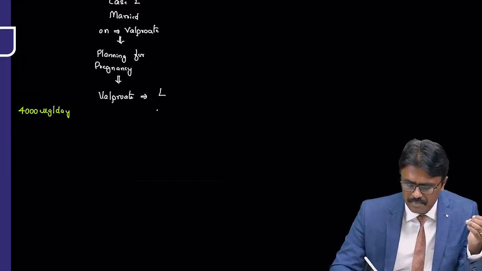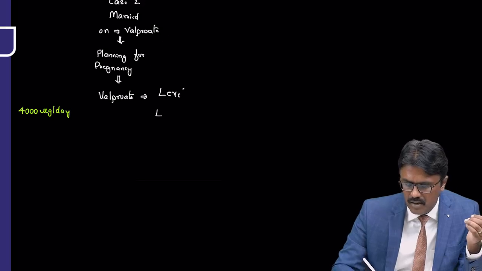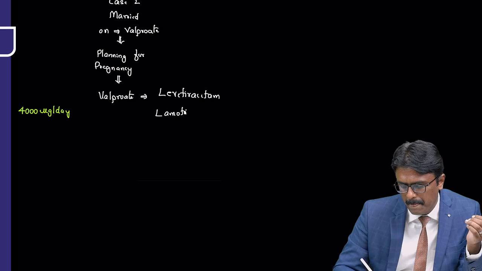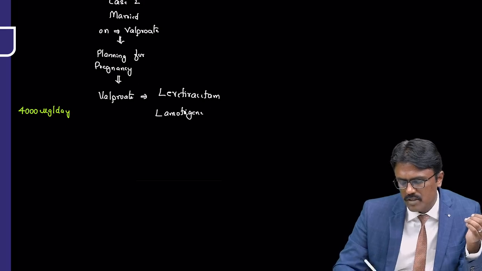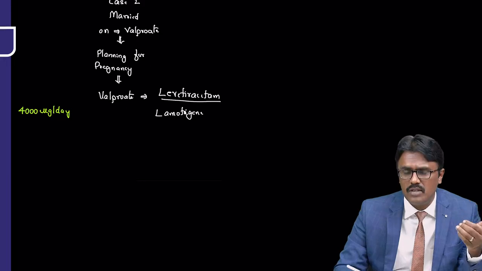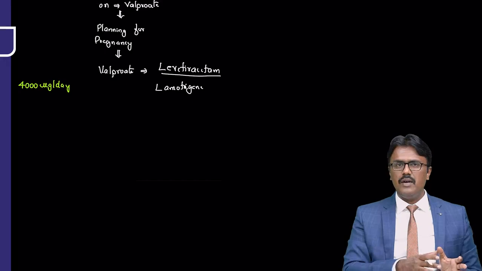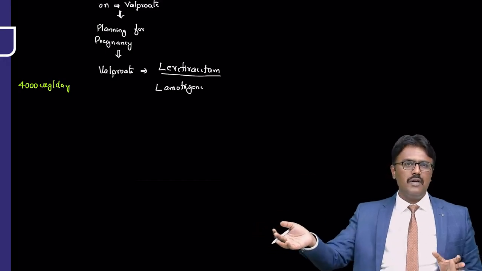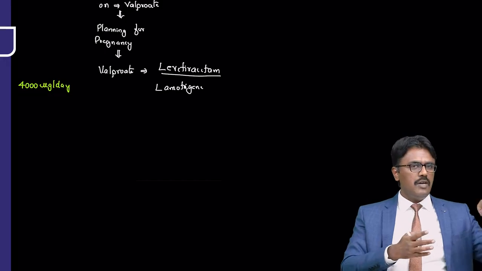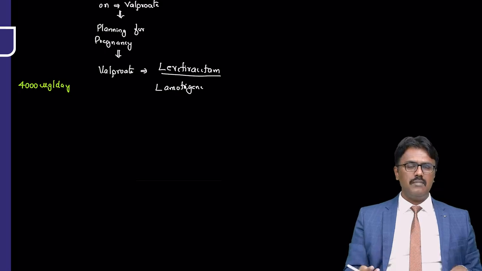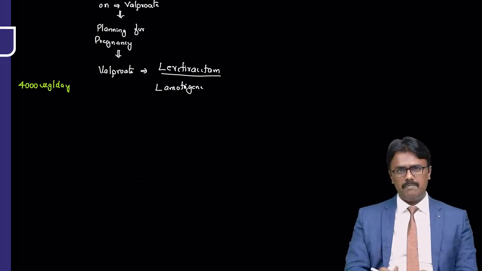Remember L and L. L for levetiracetam and L for lamotrigine. If both are given, which is safer? Levetiracetam is safer. Today the patient is taking valproate, tomorrow I will not shift the patient to levetiracetam. I gradually reduce the dose of valproate and gradually add levetiracetam, and this is how I shift a patient.